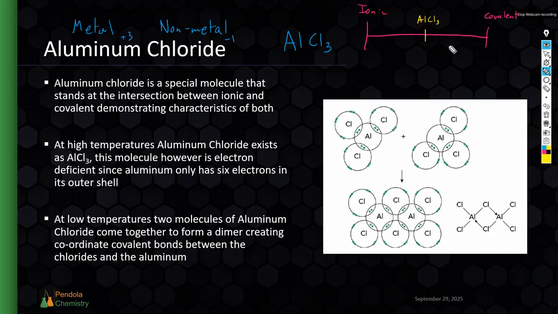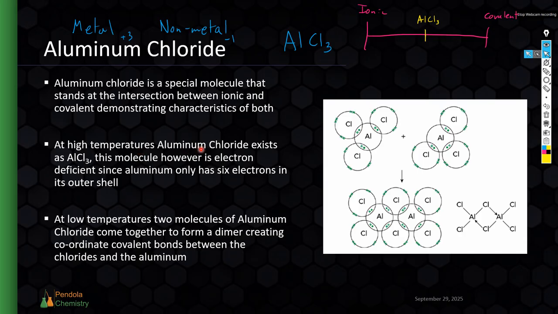So it shows both properties of an ionic compound and properties of a covalent compound. The properties of an ionic compound that it's obviously going to show is things like the fact that it's a lattice, that when we put it in water, it's going to dissociate. But the bonding of it is kind of covalent in nature. Aluminum chloride is a special molecule that starts in that intersection between covalent and ionic.